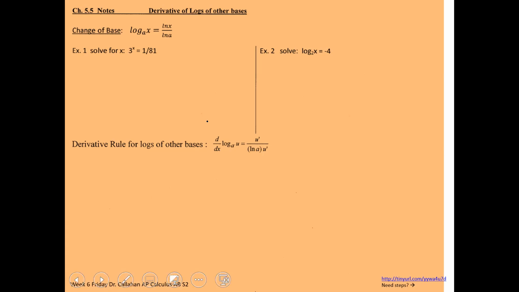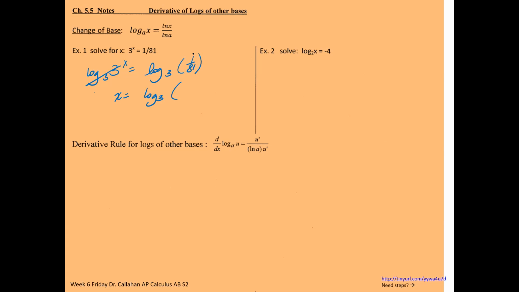With example 1, if I apply this, I have 3 to the x equals 1 over 81. So I could put log base 3 on both sides: x equals log base 3 of 1 over 81. The log base 3 with the 3 cancels.